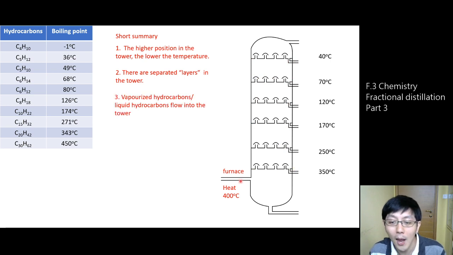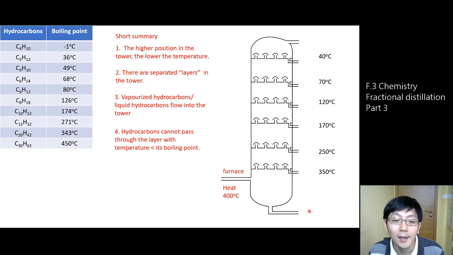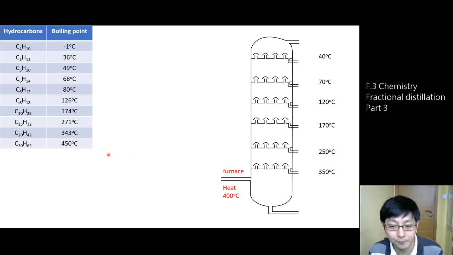Third, any vaporized hydrocarbons will flow into the tower. Those that exist in gas form will go up. Those that are not vaporized, if they still exist as liquid, will flow downwards. Number 4, any hydrocarbon cannot pass through a layer with a temperature lower than its boiling point. This is a very important rule, number 4.